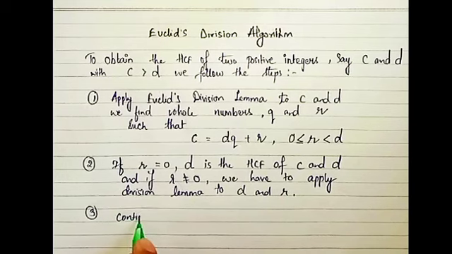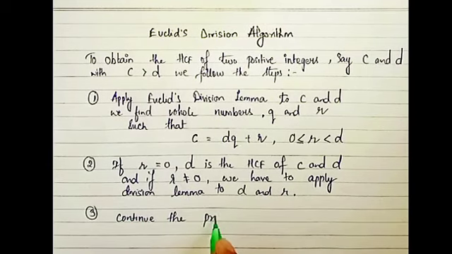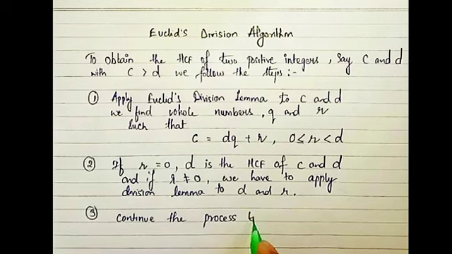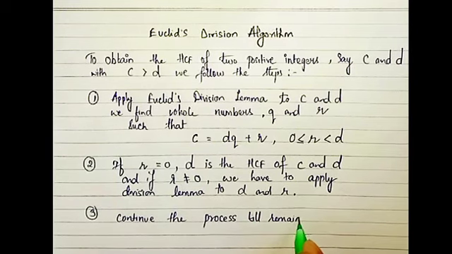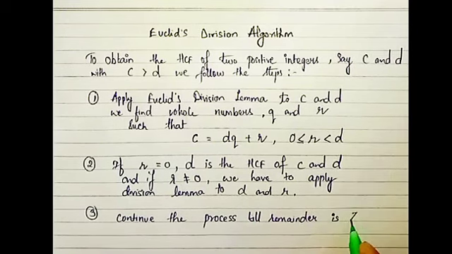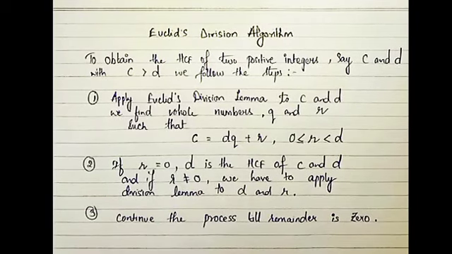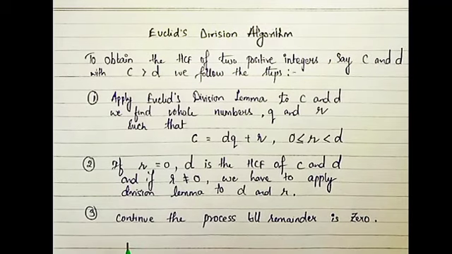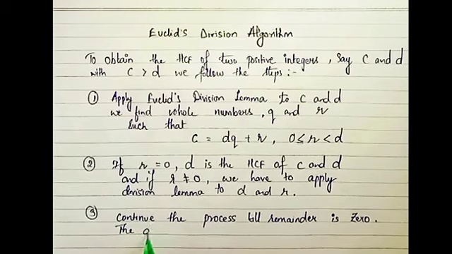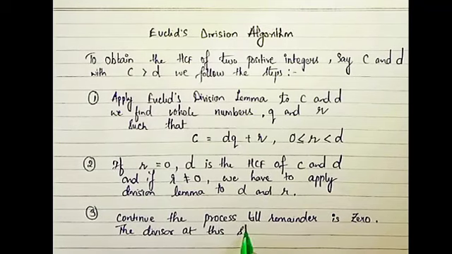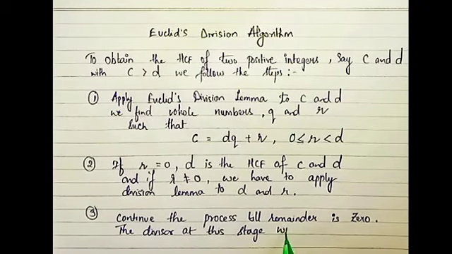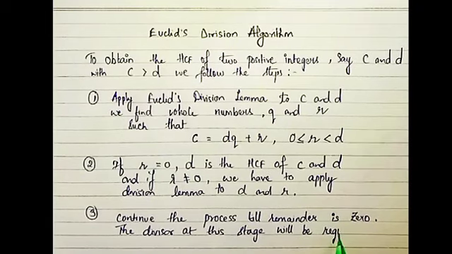So we have to continue the process till the remainder is 0, and the divisor at that stage when the remainder is 0 is the required HCF.